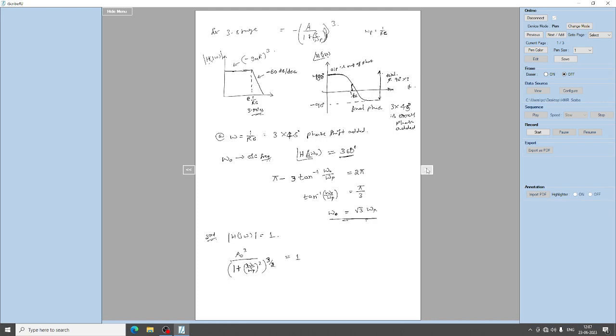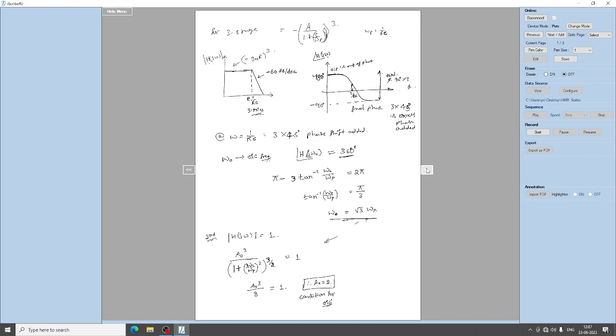Okay. So if you substitute this omega naught is equal to root 3 omega p in this, what do you get? You will get A naught cube by 8 is equal to 1. So therefore your A naught should be equal to 2. This is the gain required for oscillation.